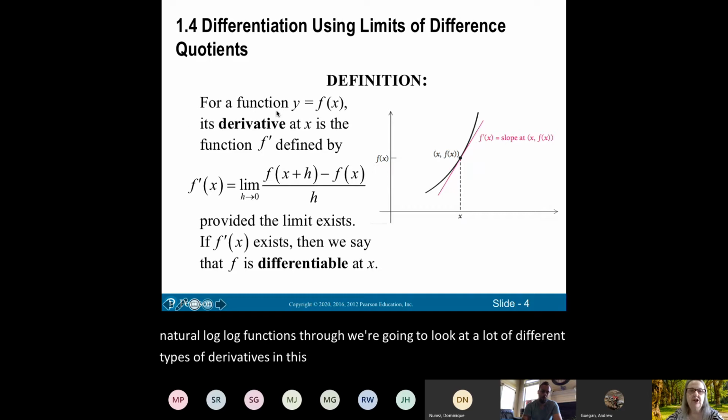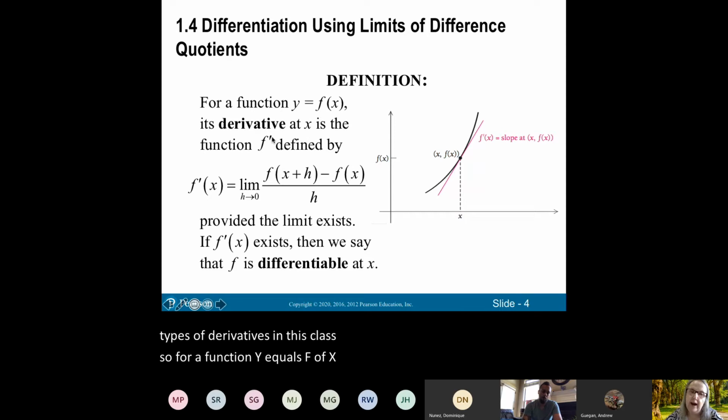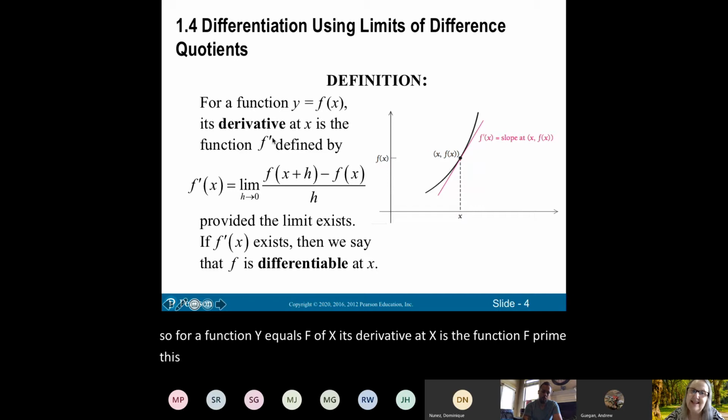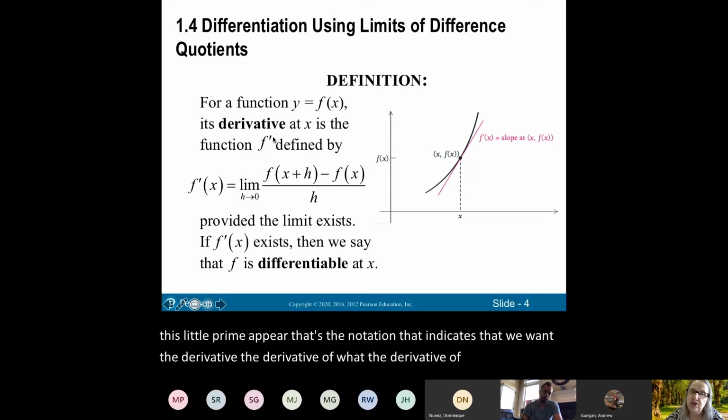So for a function y equals f of x, its derivative at x is the function f prime. This little prime up here is the notation that indicates that we want the derivative. The derivative of what? The derivative of the f function. And to be precise, we want the first derivative of the f function.